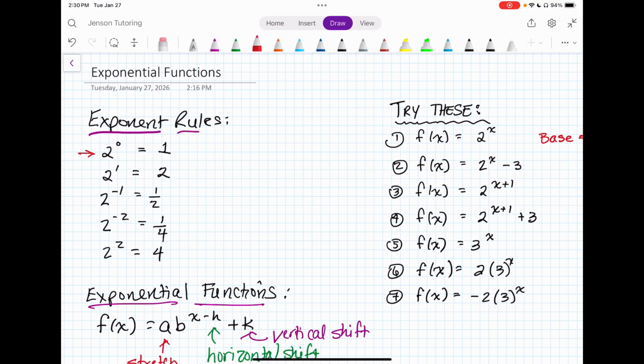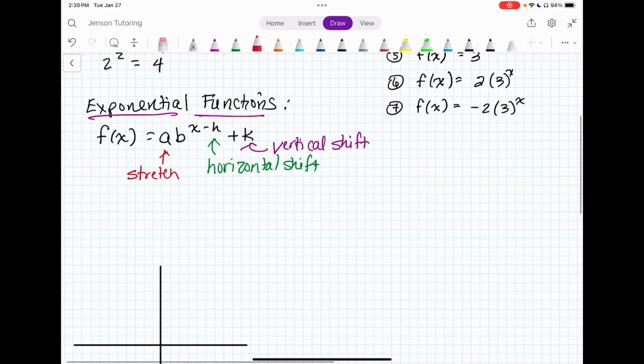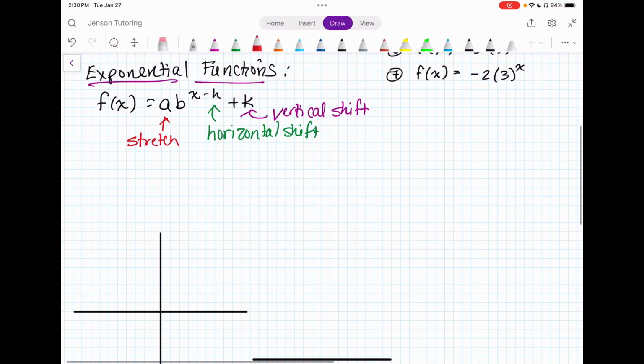So I'm going to think about what my values are when I have 2 and I raise it to various exponents. So in an exponential function, the variable x is my exponent. So when I try different values of x, that's how I'm going to get my coordinate points.